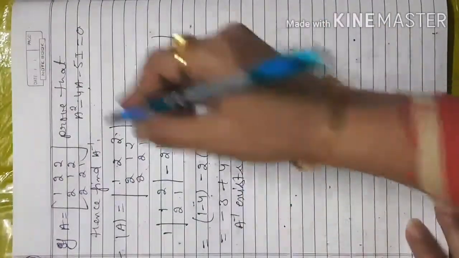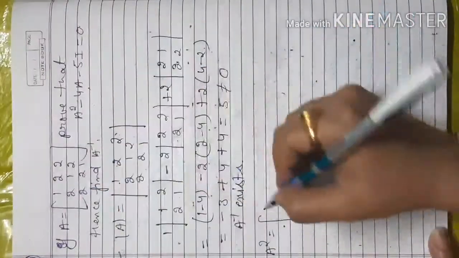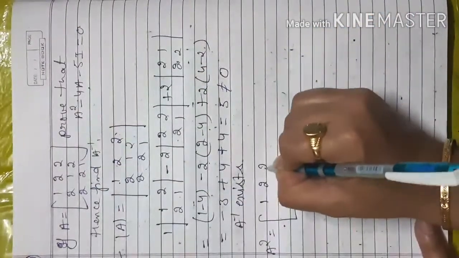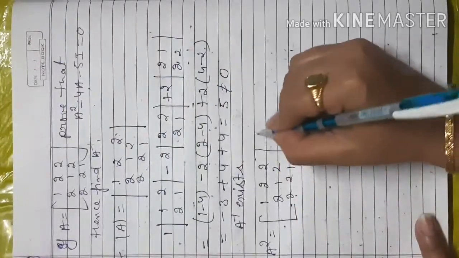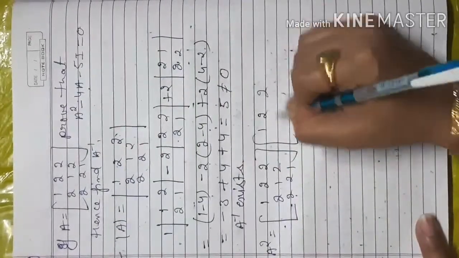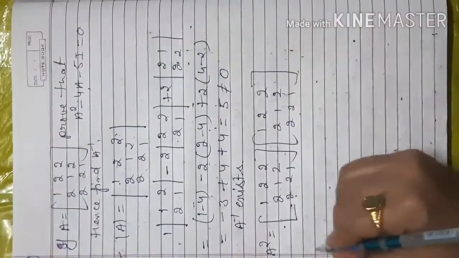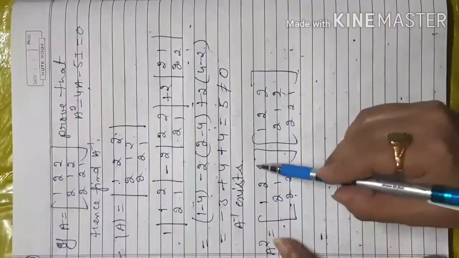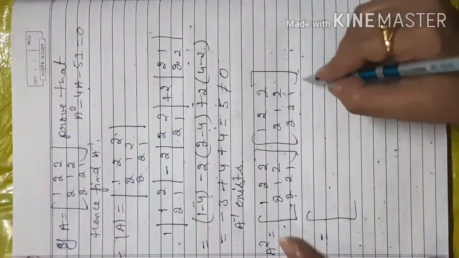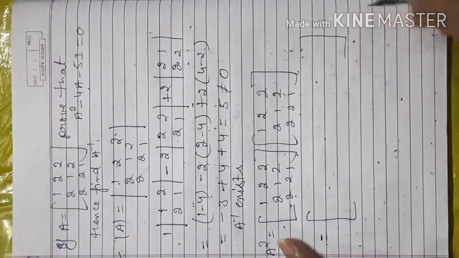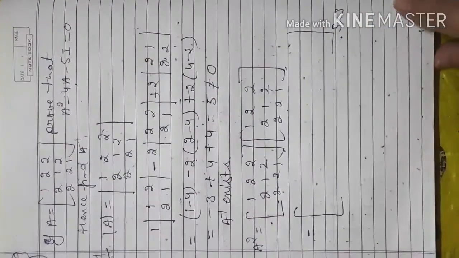For that I need A square. So I want to multiply this A matrix 2 times: 1 2 2, 2 1 2, 2 2 1, then 1 2 2, 2 1 2 and 2 2 1. So when I multiply this, this is 3 by 3 and this is 3 by 3. Obviously whatever answer I get after multiplication will also be a 3 by 3 matrix.